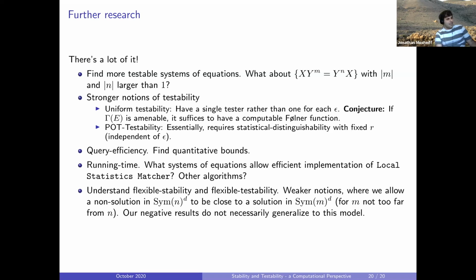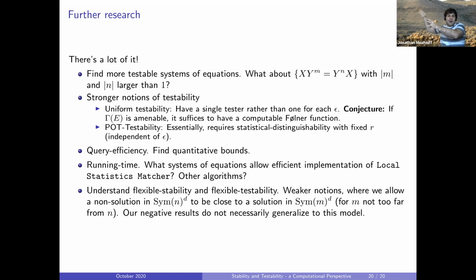I guess maybe I'll skip the efficiency things for now and just mention flexibility in a few words. The flexible model is a slightly weaker notion of stability and of testability, where when we consider the distance from being a solution, we don't only consider the distance of a tuple of permutations over n to another tuple of permutations over n which is a solution.